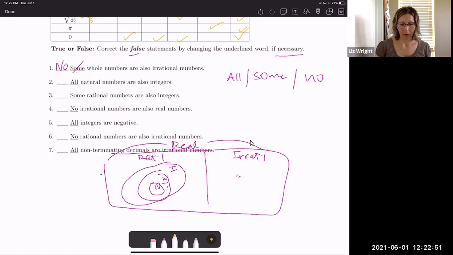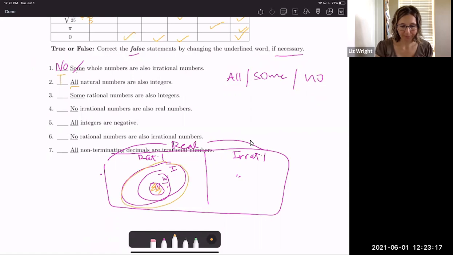Next one. Are all of the natural numbers also integers? You're asking yourself, that smaller subset, that smaller basket, is the entire basket inside the integers basket? Yes. So that means 100% of these are part of this bigger set here.